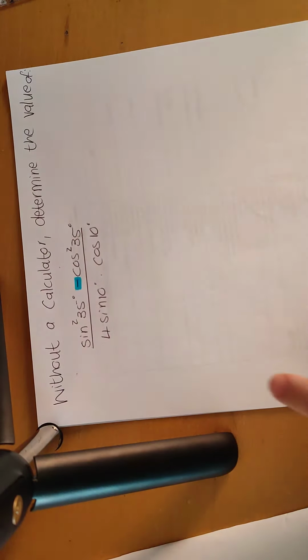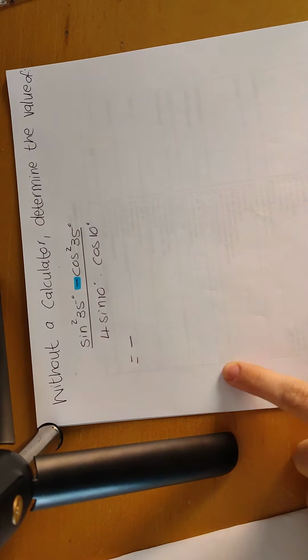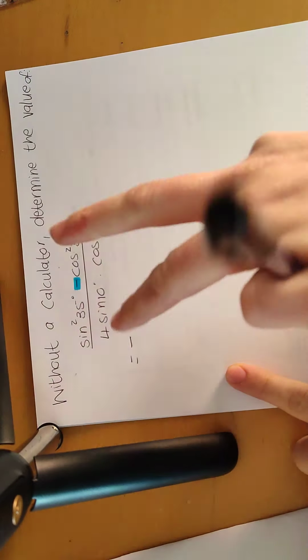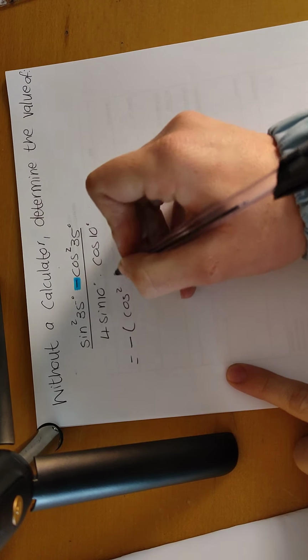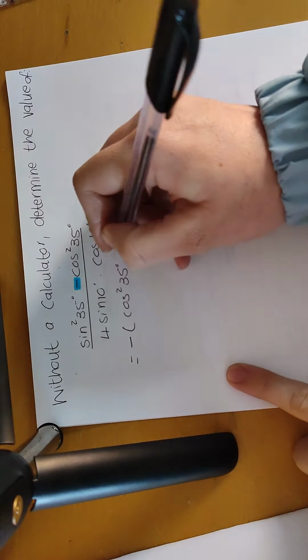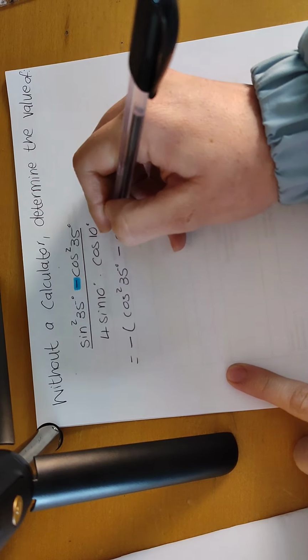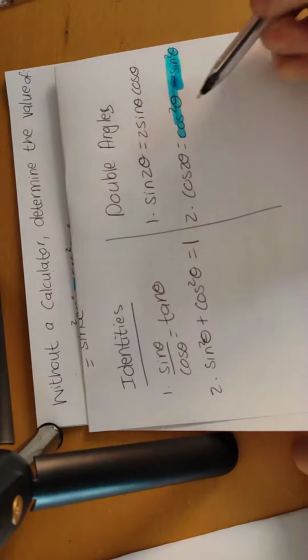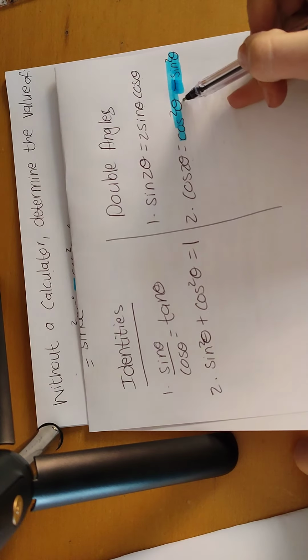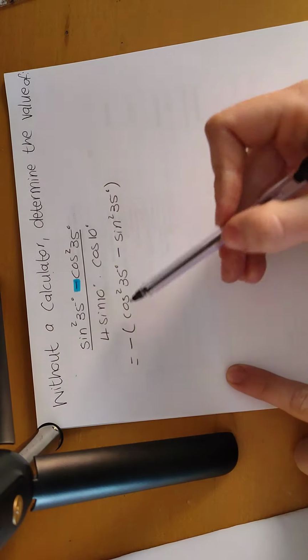We are going to factorize it, and we're going to take out the negative. And when we take out the negative, we're going to swap them. So this is then cosine squared 35 degrees minus sine squared 35 degrees. Now I have a double angle. Do you guys see that?